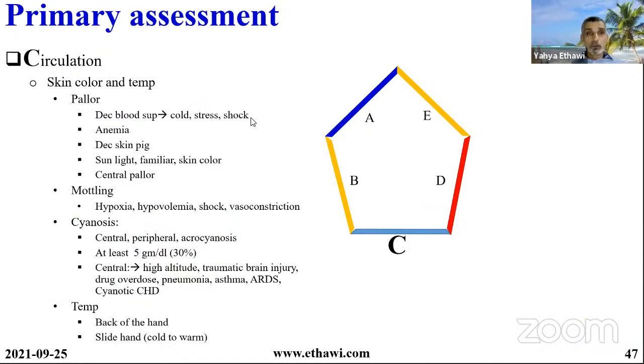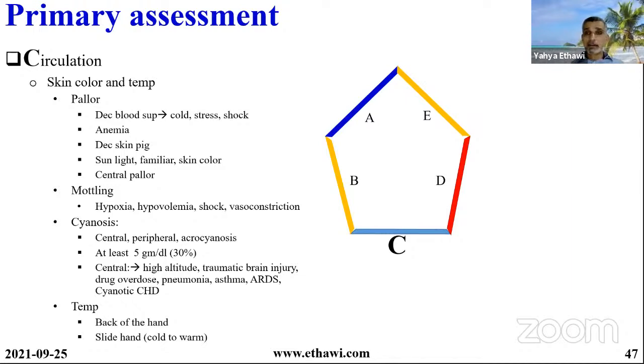Okay. So, circulation. When we assess the circulation, now we have to identify from skin color and temperature whether it is pale, mottled, or cyanosed, or whether there is hyperthermia or hypothermia.